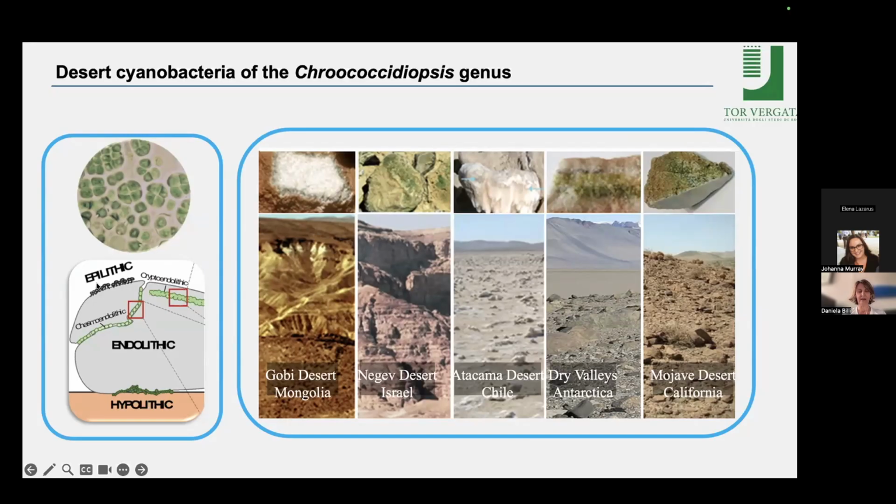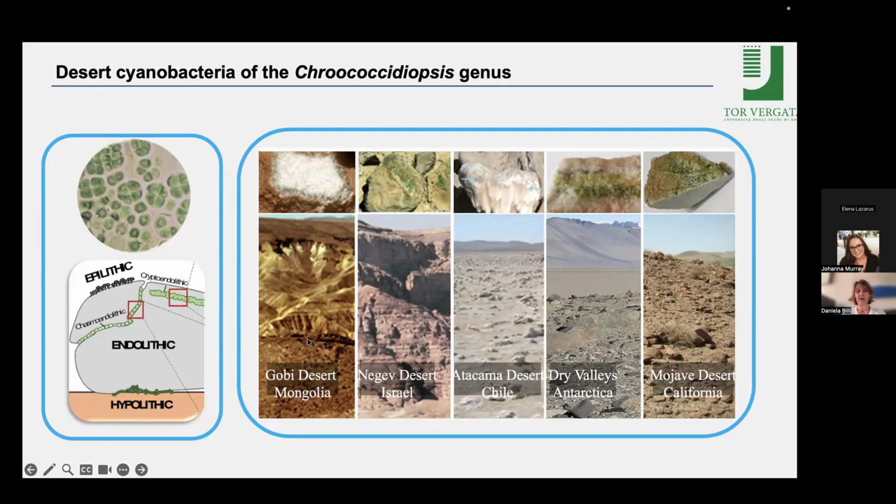Epilithic communities on the top of the rock are not present in these extremely arid places, but you can find cyanobacteria inside the rock, but also in the space between the rock and the soil.